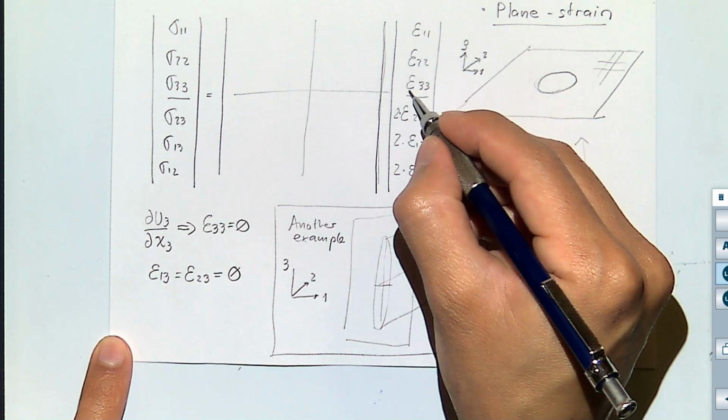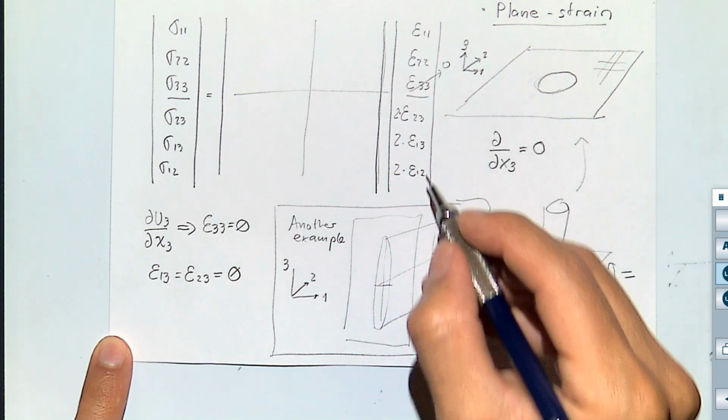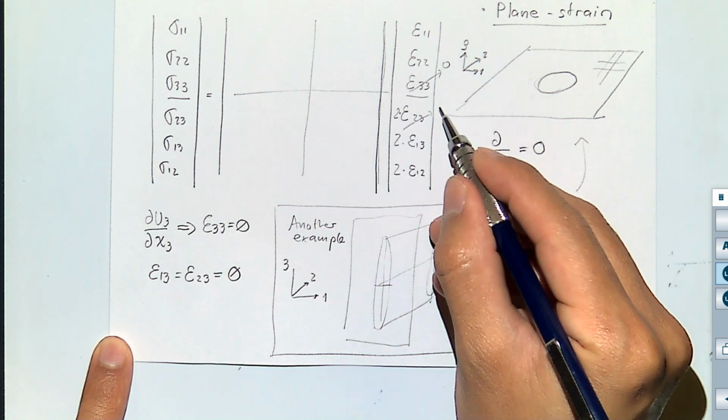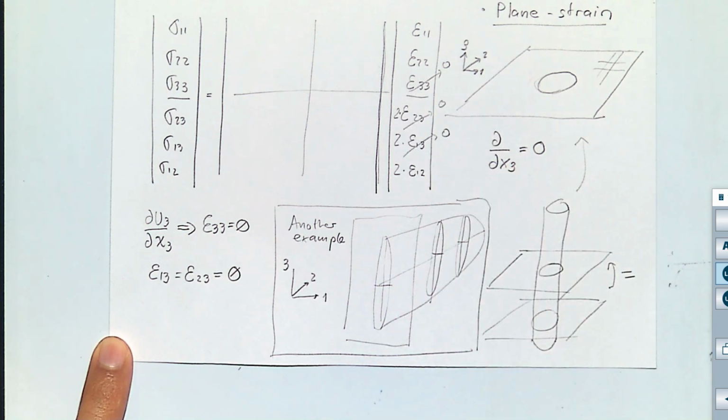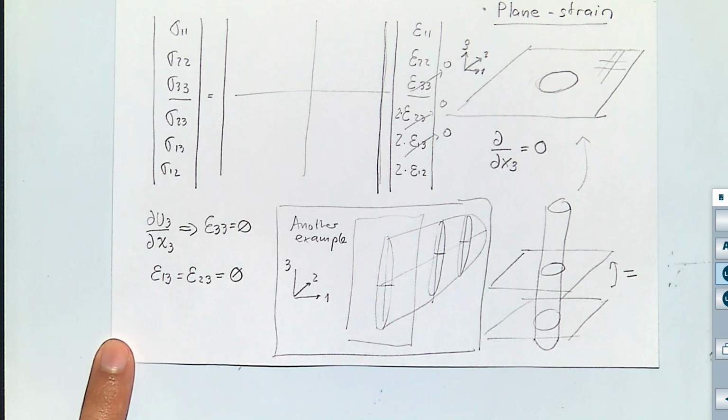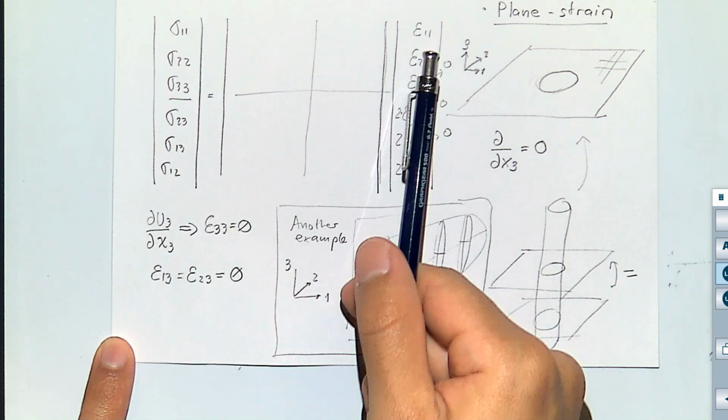So this one is going to be equal to 0. These two are going to be equal to 0. And because of that, the problem is just going to be reduced to 3 variables, 3 stresses and 3 strains.